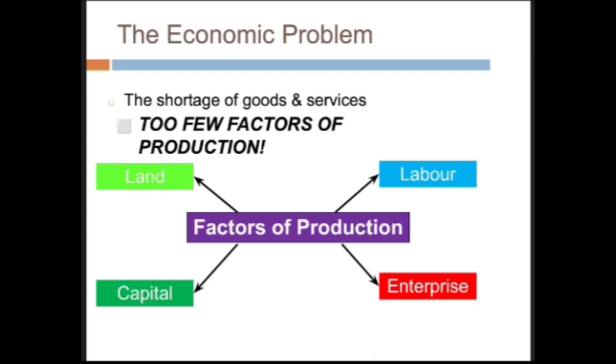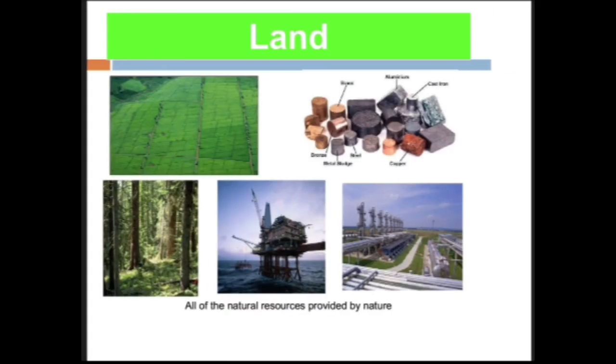That's the second factor. Third, capital. Capital means cash, money, finances you require, or machinery to run production. Enterprise means the entrepreneur, the boss. These owners come under enterprise. They are necessary for the factors of production.